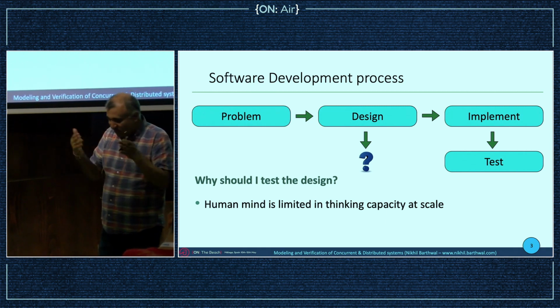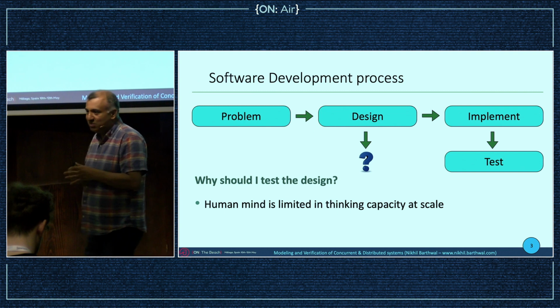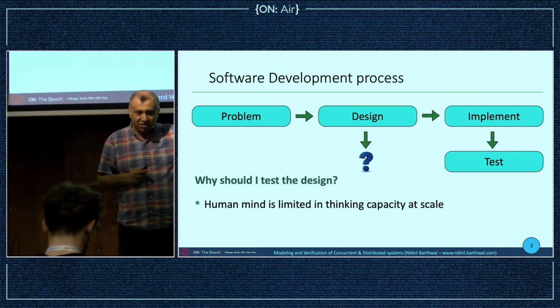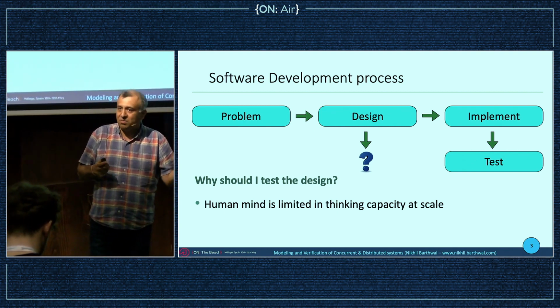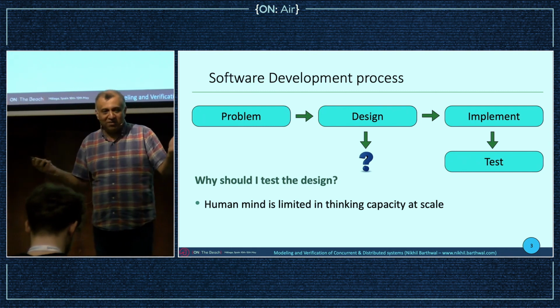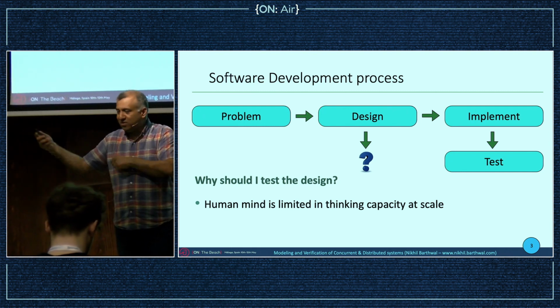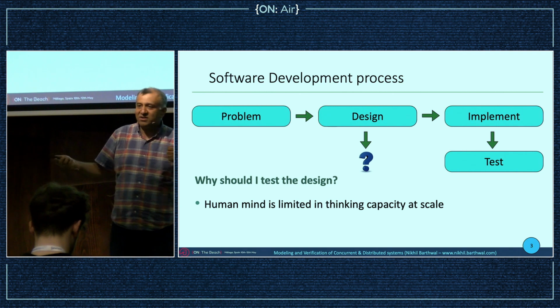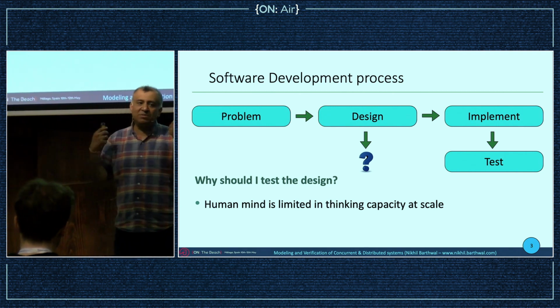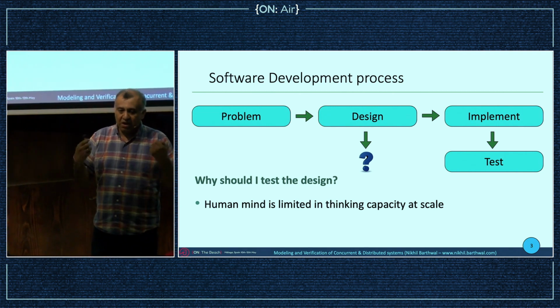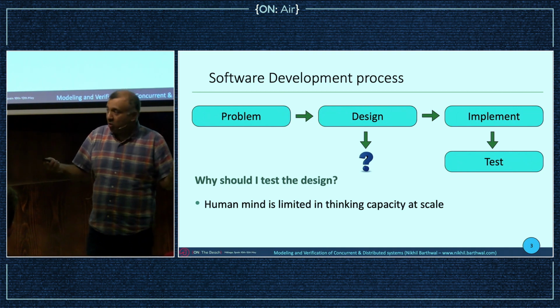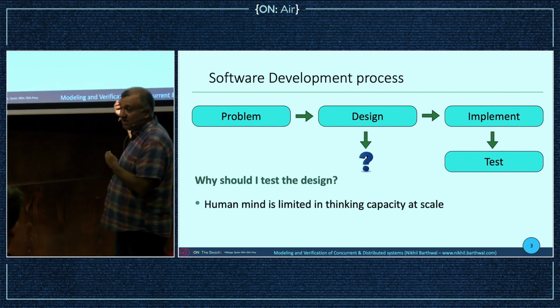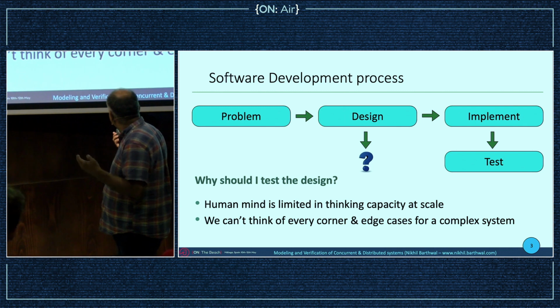You can think about these problems at a small scale, but when you're writing your production code, you have 1,000 plus microservices with multiple threads running, and bizarre conditions happen that it is simply not possible for us humans to think about everything that can go wrong. That's the reason why we need to test these designs.